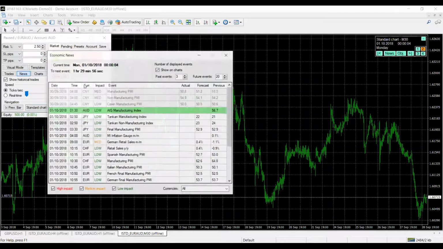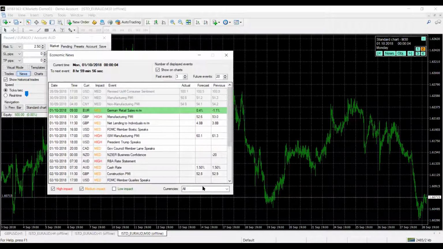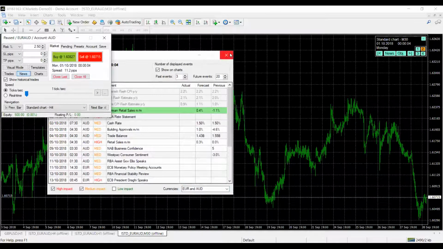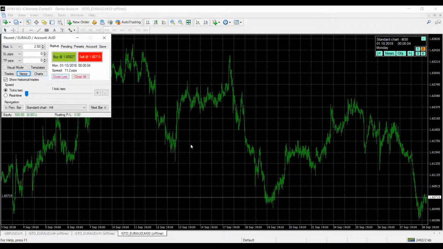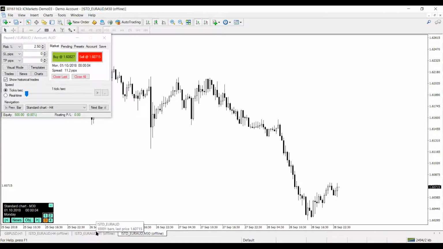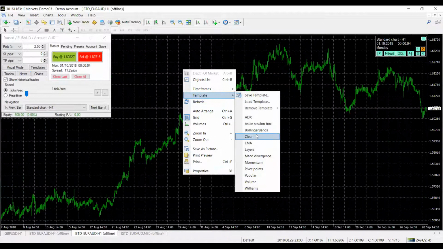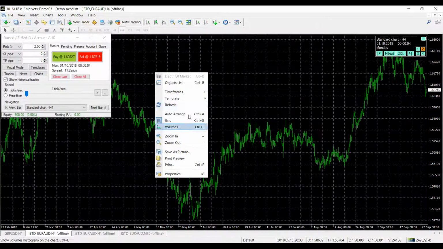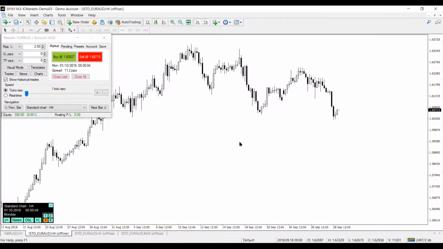Let's go to news. Let's go to low impact off and Euro Aussie dollar only. Cool, and then let's do nothing else but right click template clean. Right click template clean. All right, all good to go, bro.